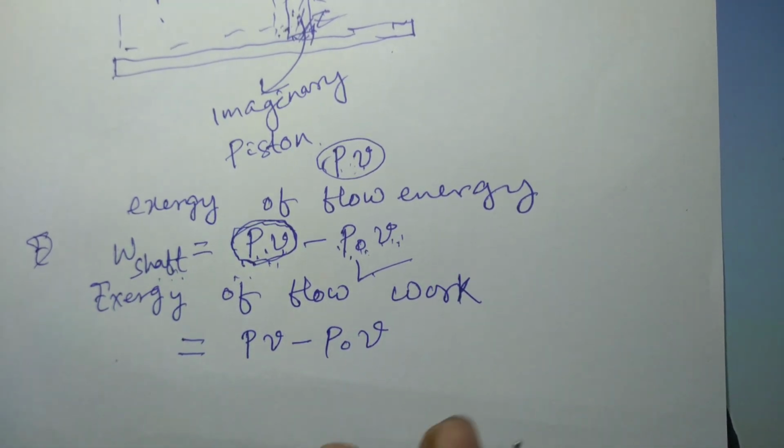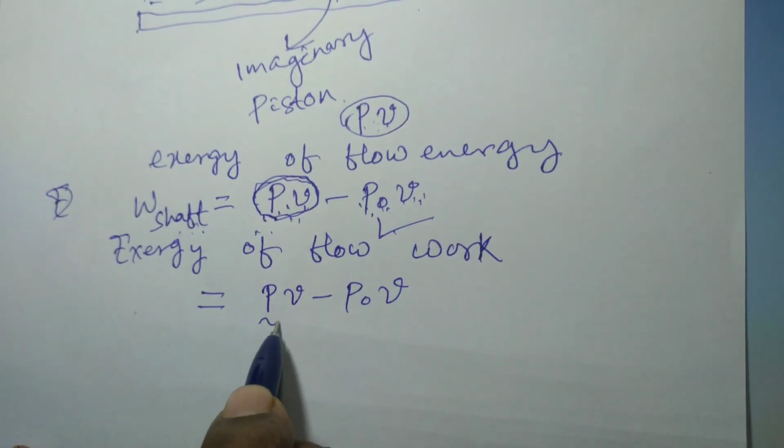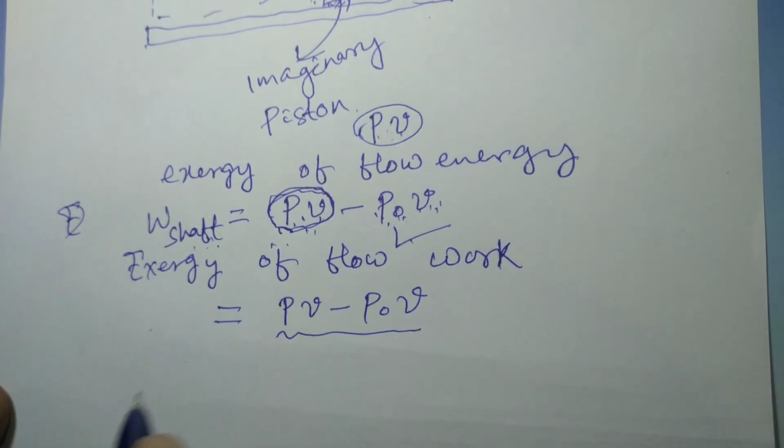So whatever expression we have derived in case of a closed system, we will add this exergy only to that to find out the exergy of a flowing fluid or exergy of a flow stream.